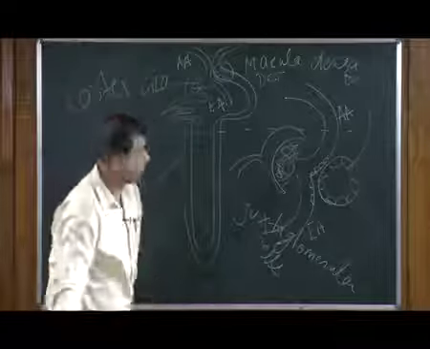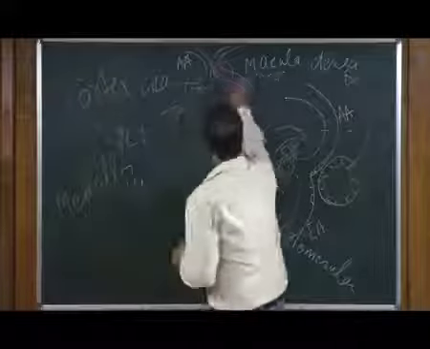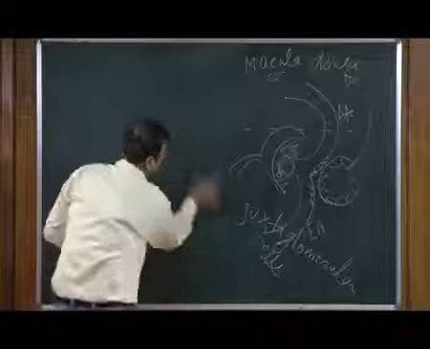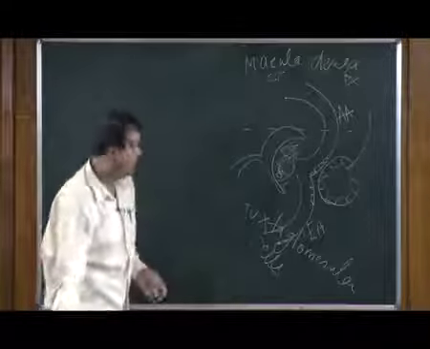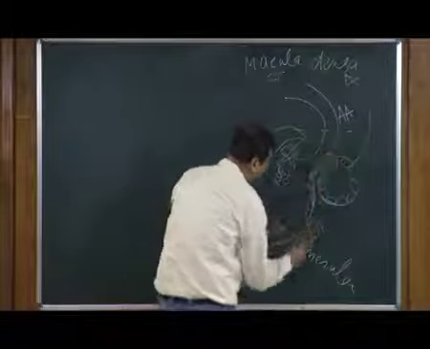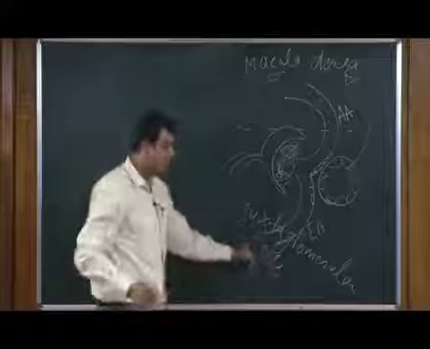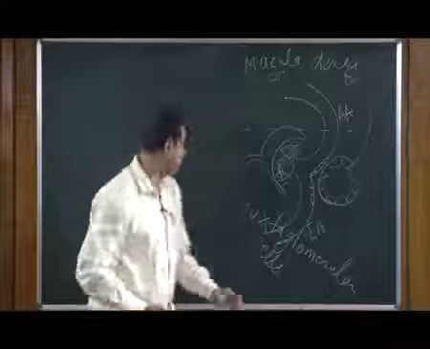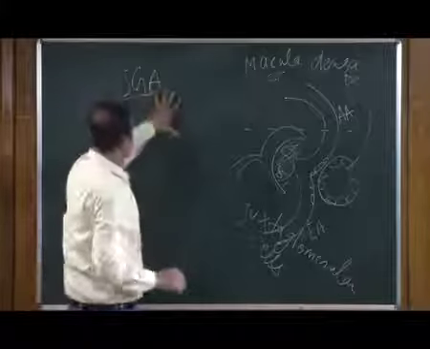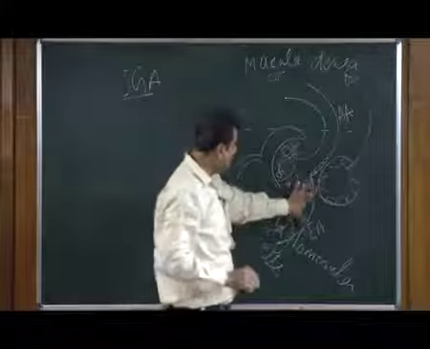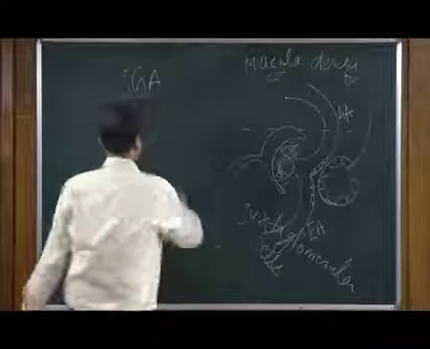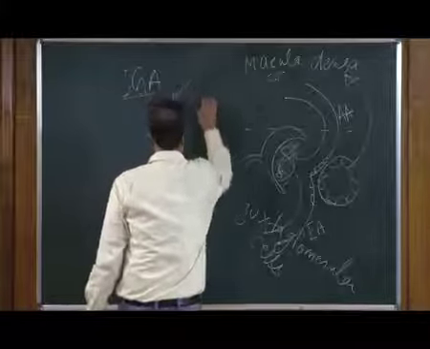So let's see. So we understood this macula densa, and now we are trying to see why this area is important. So this whole cellular part, the juxtaglomerular cell, sometimes simply called the juxtaglomerular apparatus, is very important, and these cells are modified to secrete a very specific enzyme, and that enzyme is called renin.